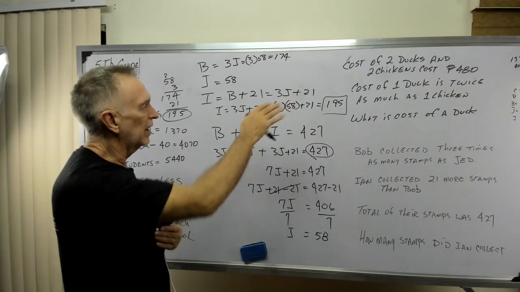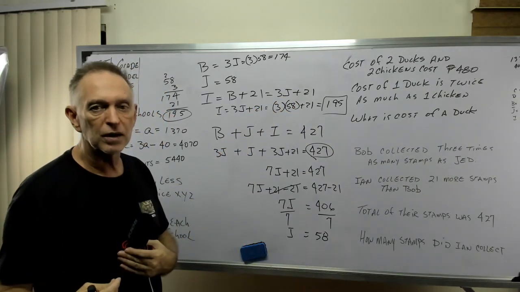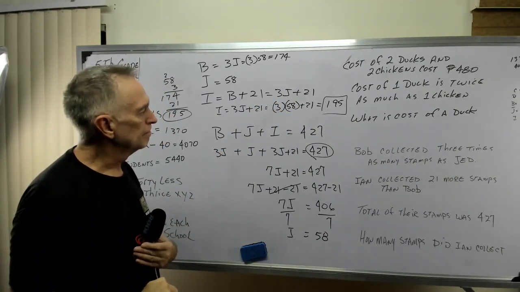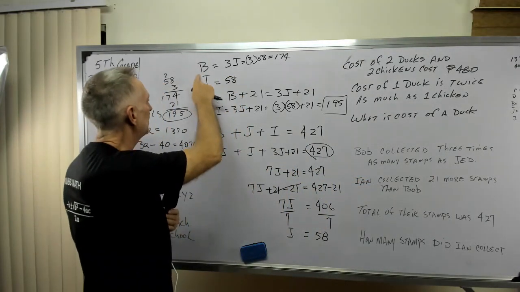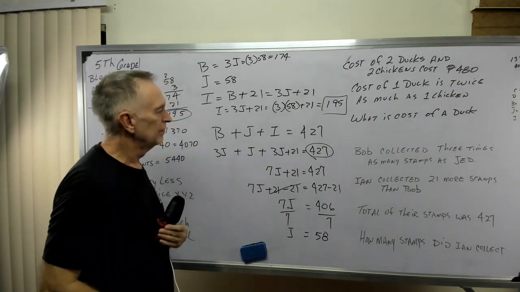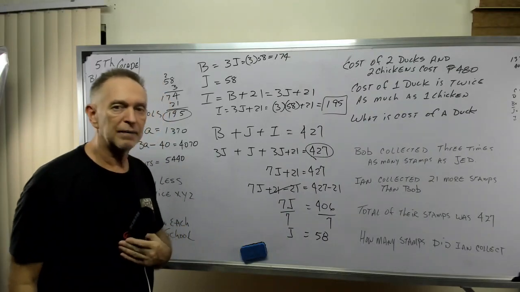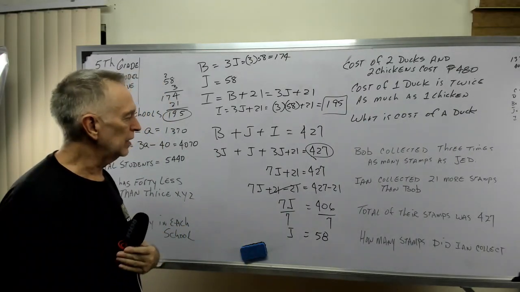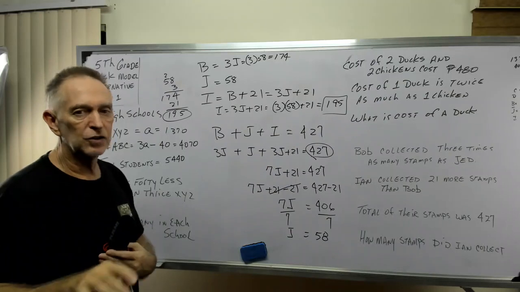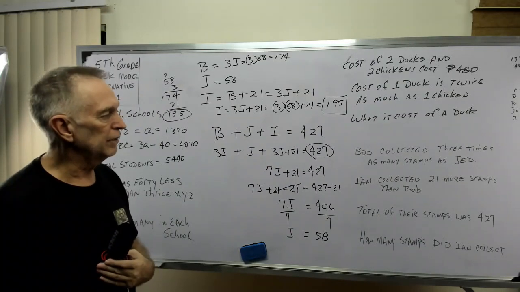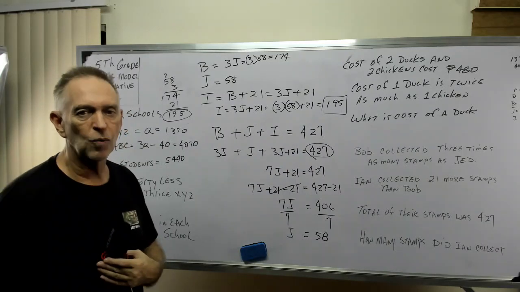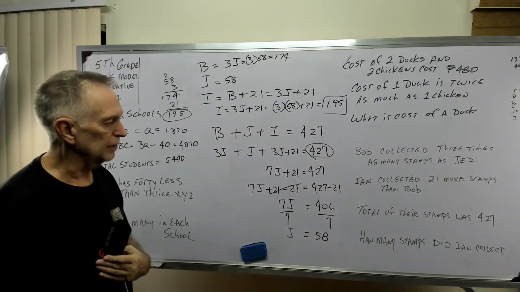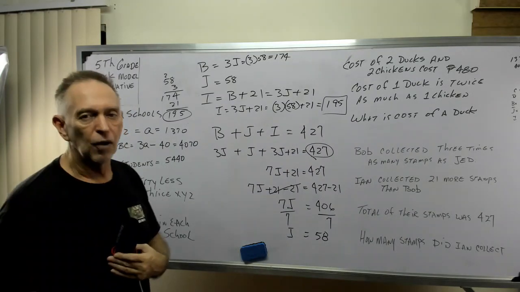Just to simplify it, I made D duck and C chicken. And this one had so many people in it, I had to write B, J, and I, so that was how I kept up with it. This is what I had to do in my younger years to even keep my arms wrapped around what the teachers were expecting. Okay, hopefully this helps.